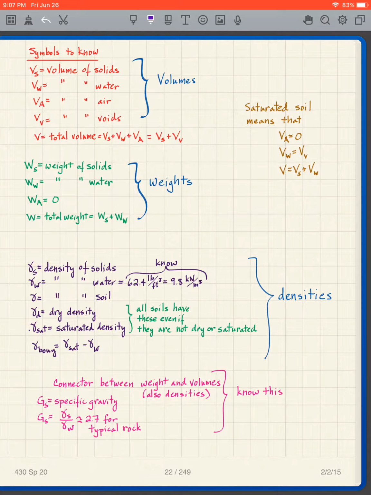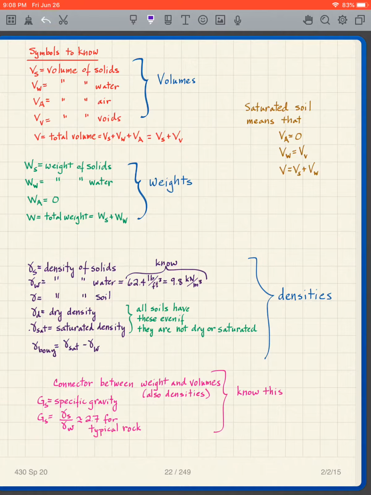If you remember from your chemistry class, the meaning of the word specific gravity: it is exactly this number that I'm talking about. The specific gravity for a typical rock is about 2.7. That just means that it's 2.7 times the density of water. So specific gravity is gamma S over gamma W, gamma S being the density of the solids, gamma W the density of water.